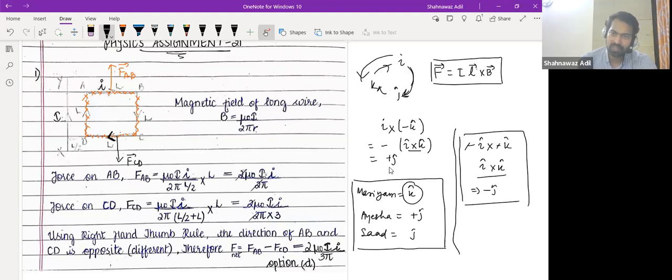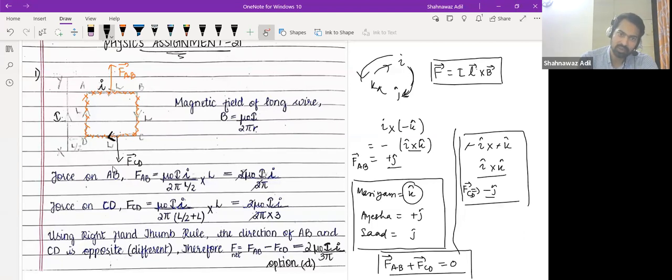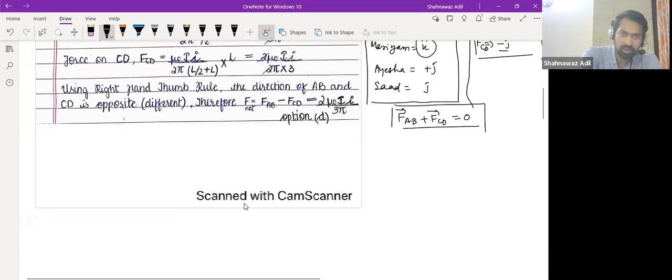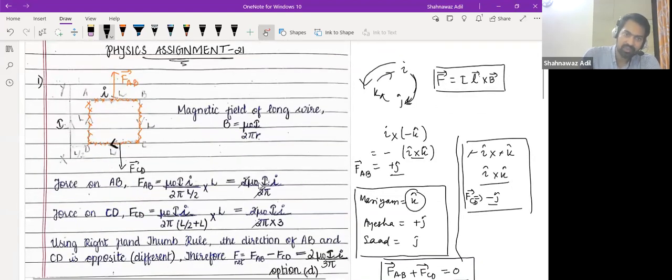So this is J and this is minus J. This is FAB and this is FCD. If we add FAB and FCD, this will be 0. FAB and FCD cancel out. So the part that you calculated, FAB and CD, these are cancelling out.